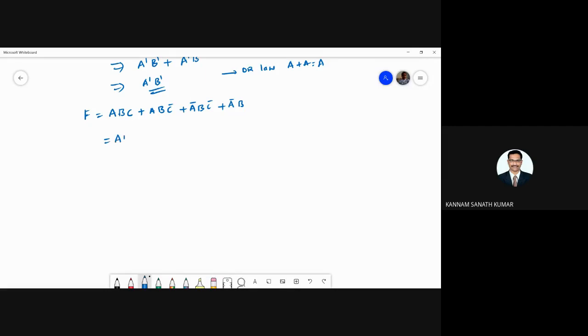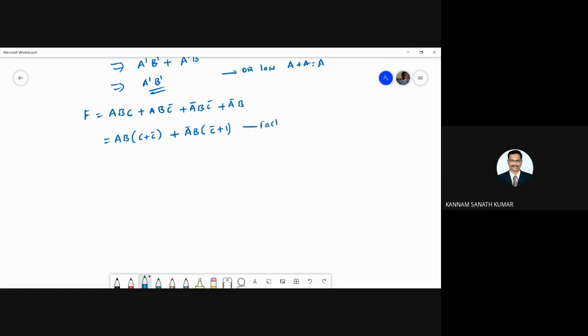You take two expressions, you can take A B common, factoring, C plus C bar, plus you can take A bar B common. So what you are getting? C bar plus 1.